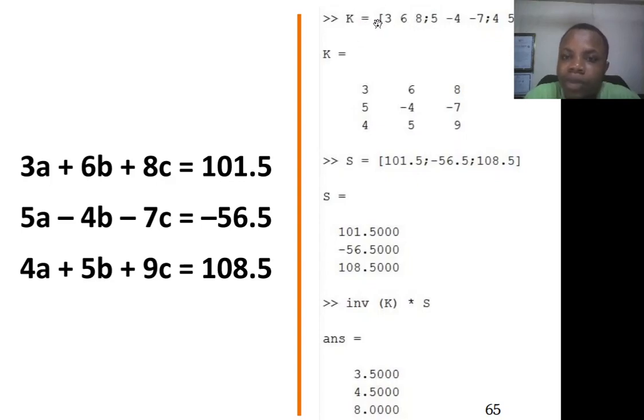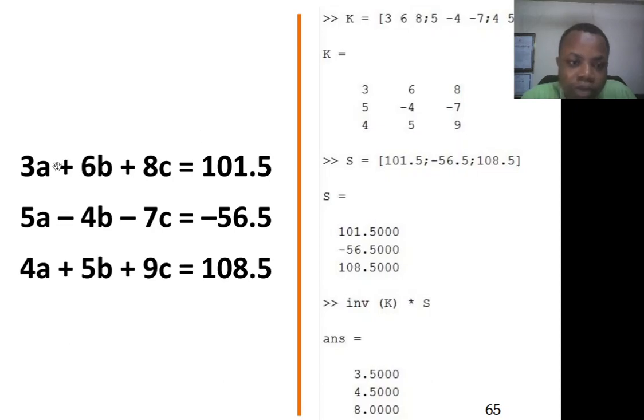So K is equal to only the coefficients, and that is what has been created as this first matrix. The solution, as we have at the right hand side of the equal to signs, is the one that has been created here. But remember, this is a column vector. So all these were separated by semicolons, as you can see here, and that is exactly what we have here.